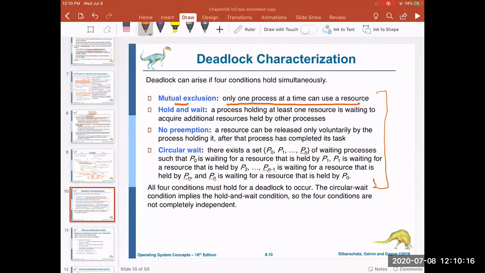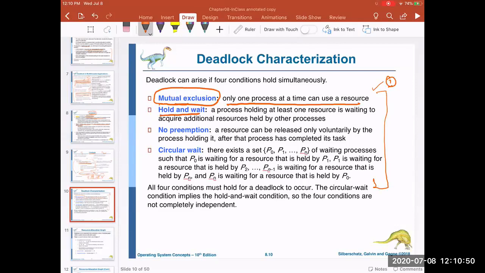But if it is non-shareable, like when we are updating and performing some write operation, then mutual exclusion should always apply. This is what we have already discussed in the previous chapter. This would be the first characteristic. If all four conditions happen together, then deadlock would certainly occur.